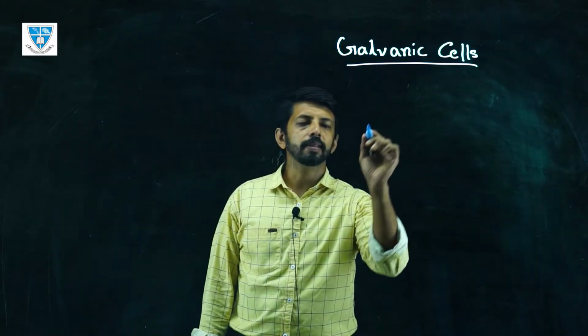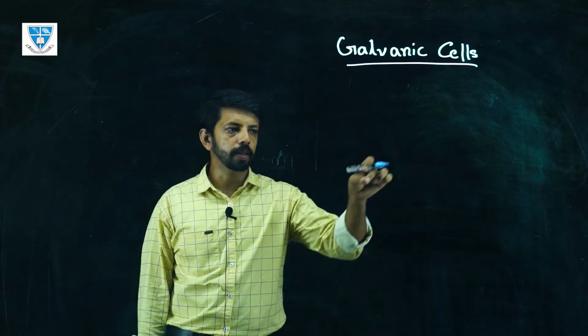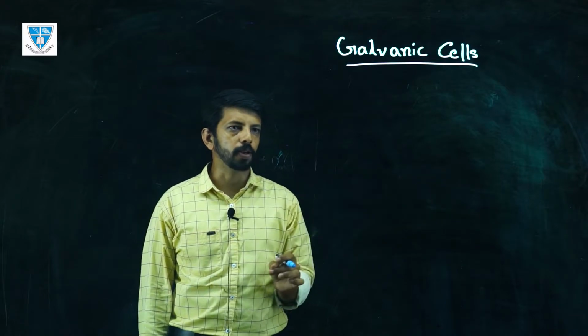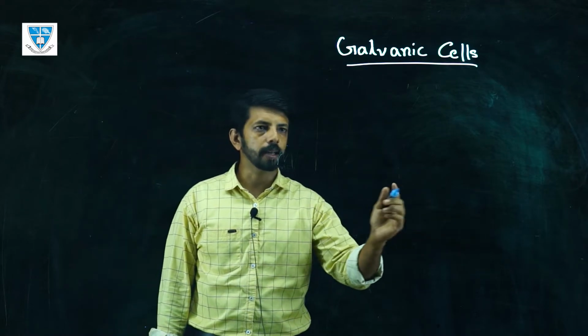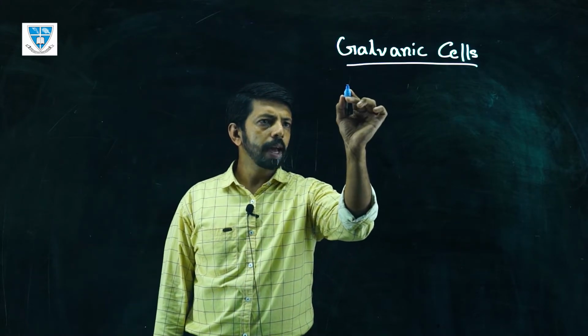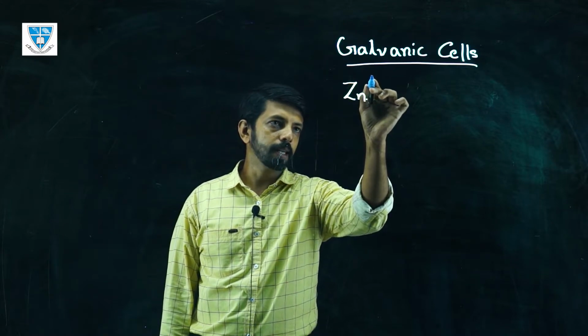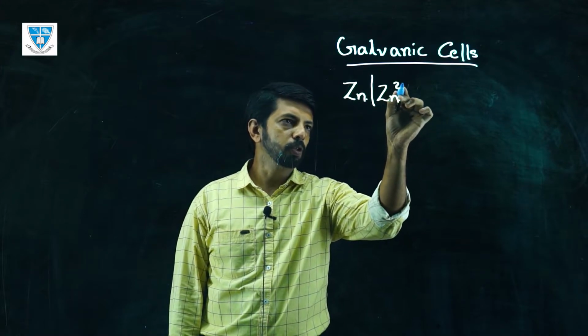How can we represent these galvanic cells? We already mentioned that in the Daniel cell, zinc is dipped in zinc sulfate solution and copper is dipped in copper sulfate solution. So zinc is the anode and copper is the cathode. The anode is represented as the metal first, then a vertical slash, then the metal ion, Zn2+.